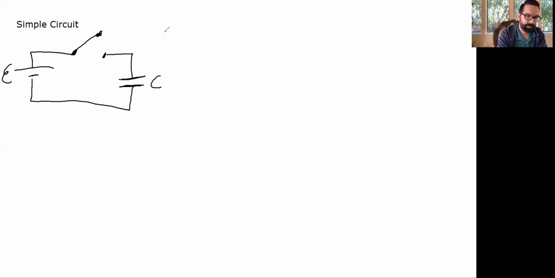So once I close this switch, so I'm going to bring the switch down and close it. Once I close the switch, that's when current starts to flow, right? So current will start to flow here on this side. Current goes here.